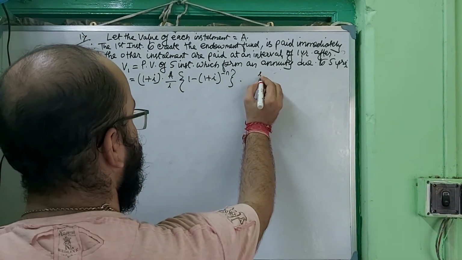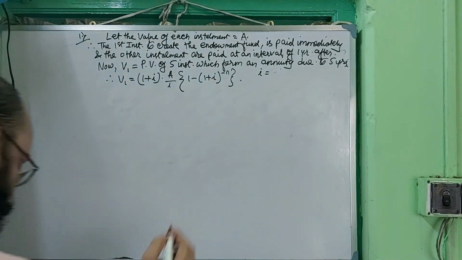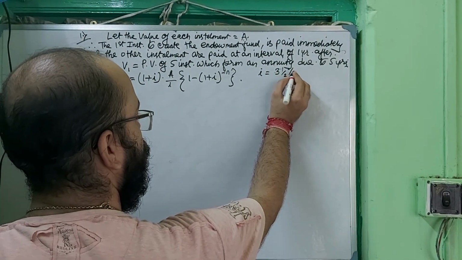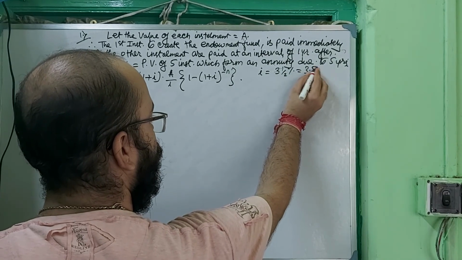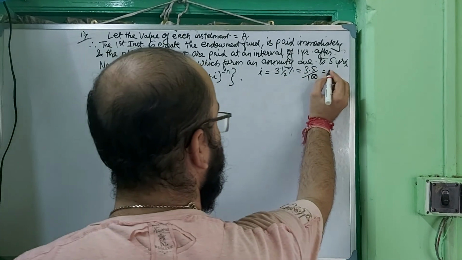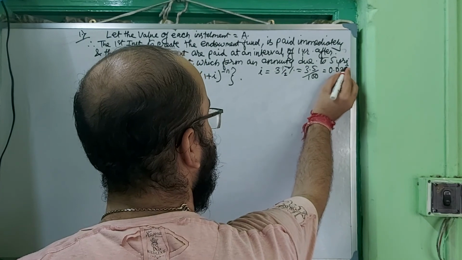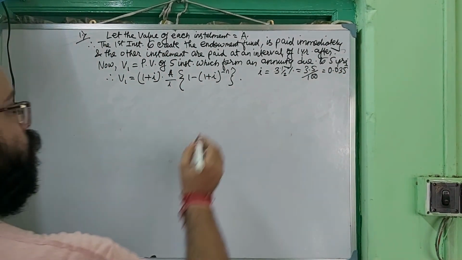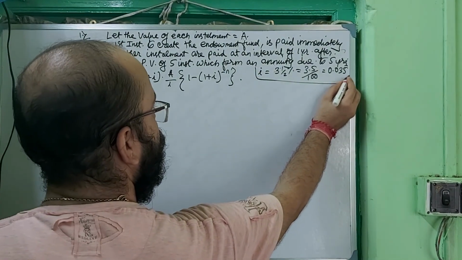I is provided, 3.5%, which is 3.5 by 100, which is 0.035, right? Okay, this is I.